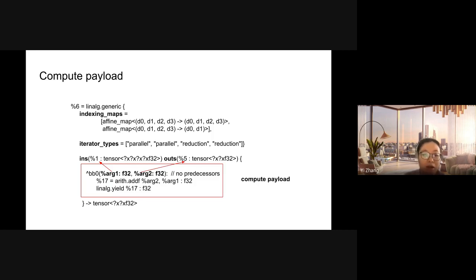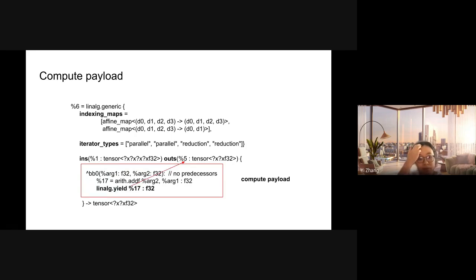It is a region, and the arguments of the blocks in the region correspond to the scalar elements of the input and output operands. So all the computation carried out inside the compute payload region is for a single element of the input and output tensors.